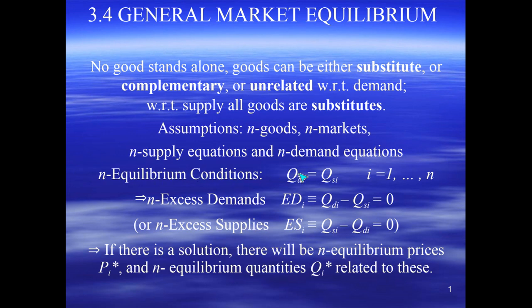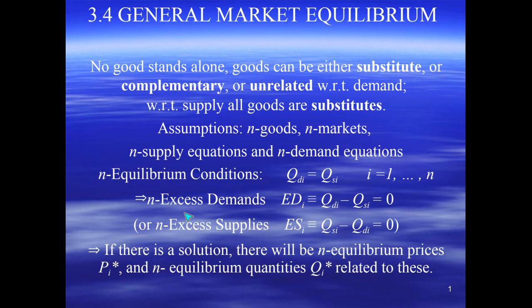These n equilibrium conditions can be written as QDi equals QSi, i going from 1 to n, which means at each market, the quantity demanded of this good should be equal to the quantity supplied of this good.